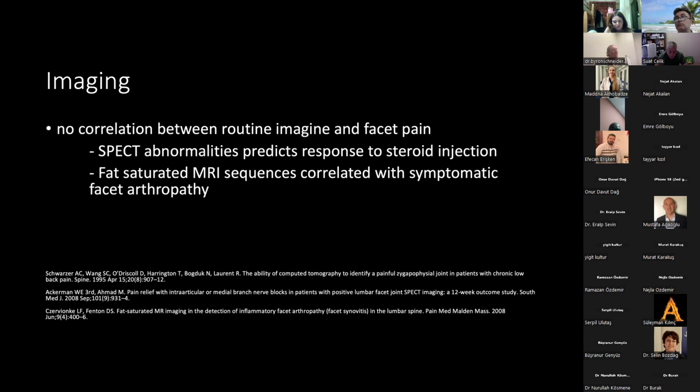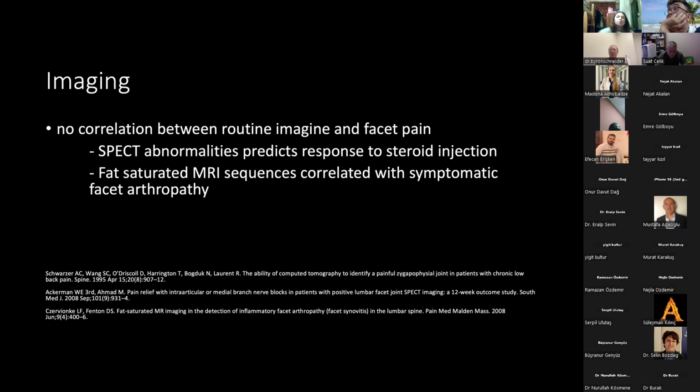They're all going to have some disc degeneration and some facet arthropathy, and yet not all of those patients are going to hurt. So if you do a study where you're looking for common image findings to be correlated with a rare condition, it's going to be hard to find that relationship.